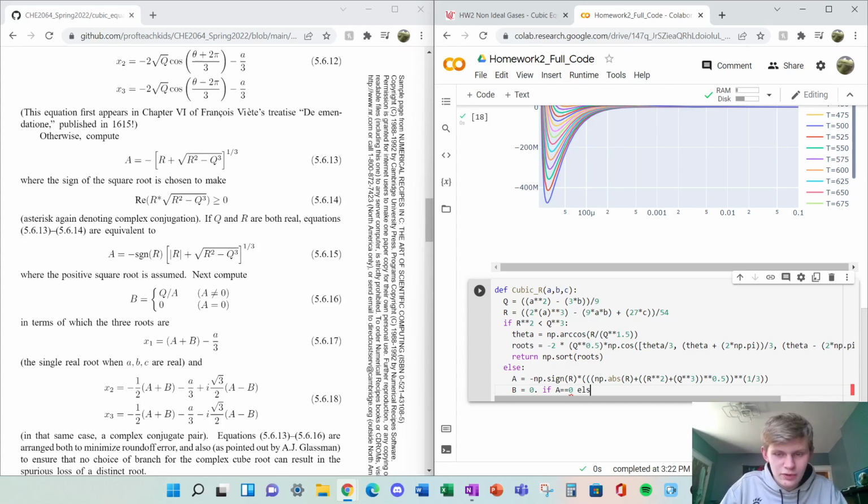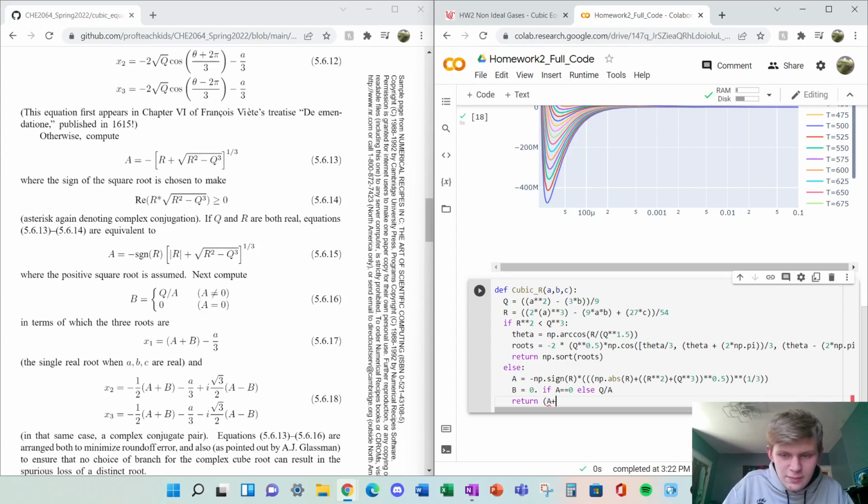So we're going to put the rest of our else statement out. And then we're going to make that q over a, if a is not equal to our value, we'll put that there. And then we're going to return this value as a plus b minus a over 3.